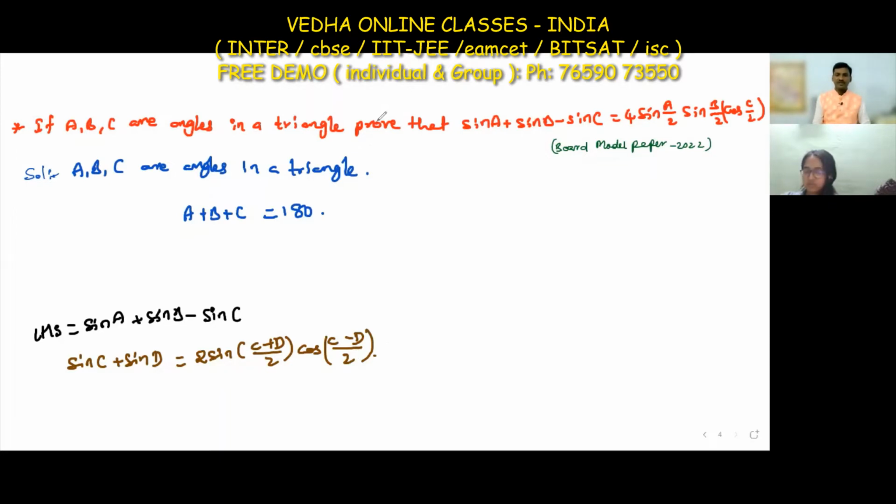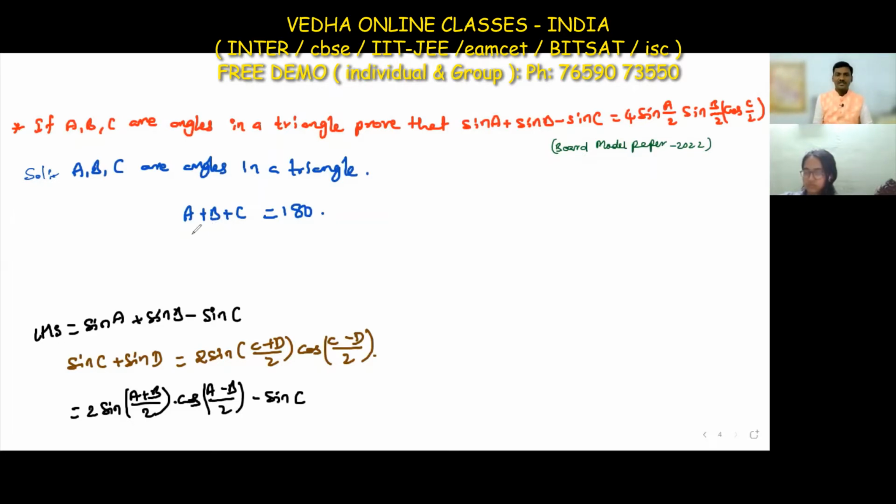Now I am going to apply the same formula here. So 2 into sin of C plus D, that means A plus B by 2, into cos of A minus B by 2, minus sin C. Here A plus B plus C is equal to 180.